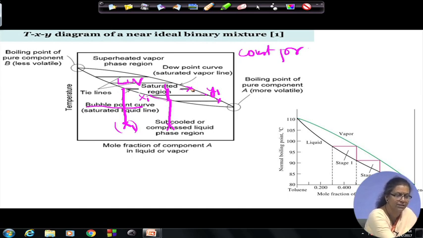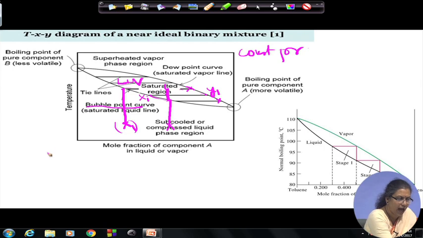And more interestingly, suppose we take up the conservation of mass, the overall mass and component balance. We find that the proportion of the liquid and vapor changes in the inverse ratio of the distances of the point from the dew point and the bubble point curve. What do I mean?